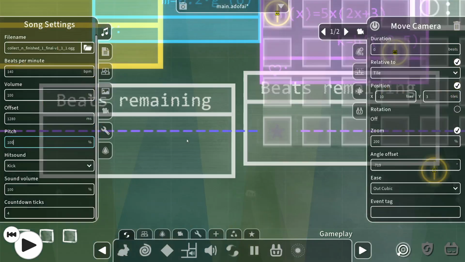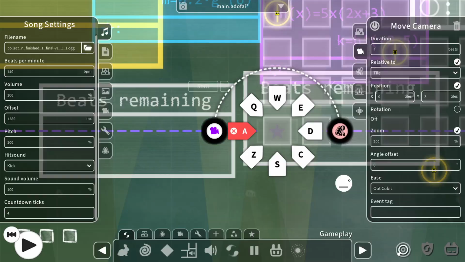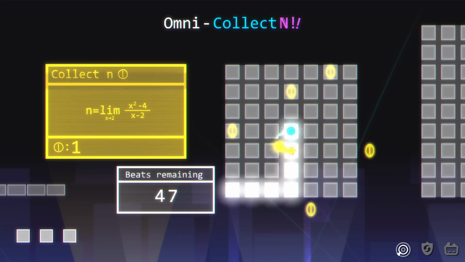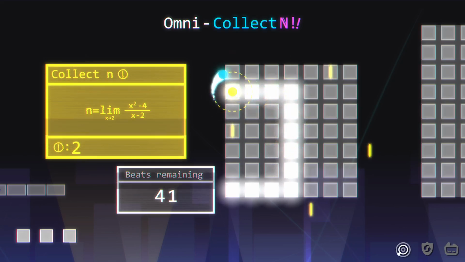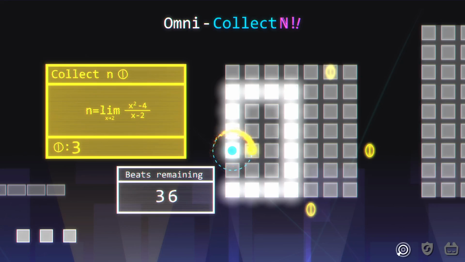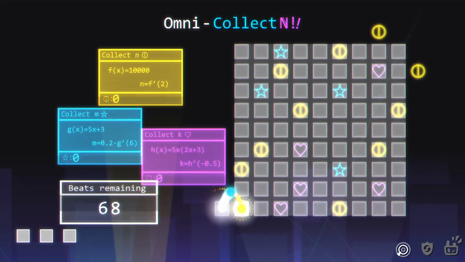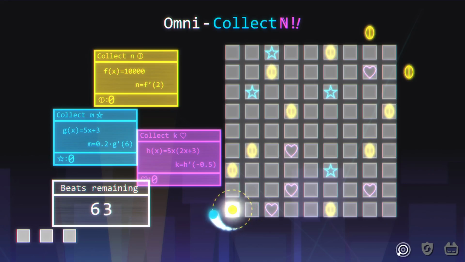Okay, it looks like we can. You know what? Let me just be smarter about it and screenshot it. Well, no, I can't pause it anyways. But yeah. So collect no coins.